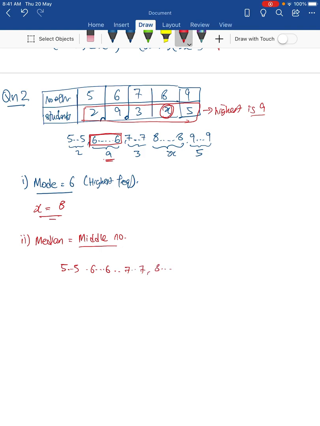I'm going to redraw this again. This is 2, this is 9, there's 3 here, 8 is here with a total of x, and there's 5. If this is the middle number, of course we can choose this one as the middle number, or any 8 in the middle, or even the last one.